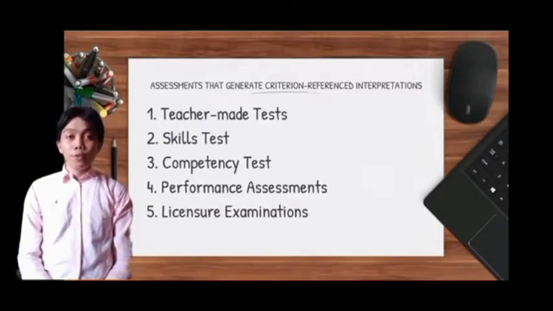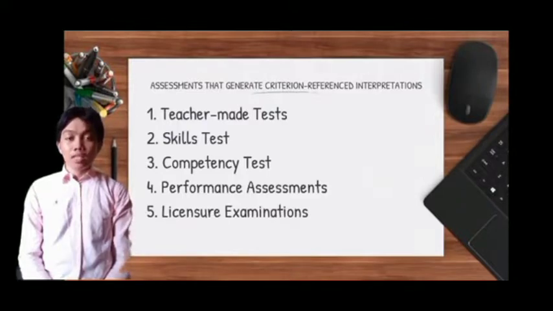Number 4, performance assessments. Examples of these are conducting a laboratory investigation, making a research paper, or simply group presentations or performances. And the last is number 5, licensure examinations.